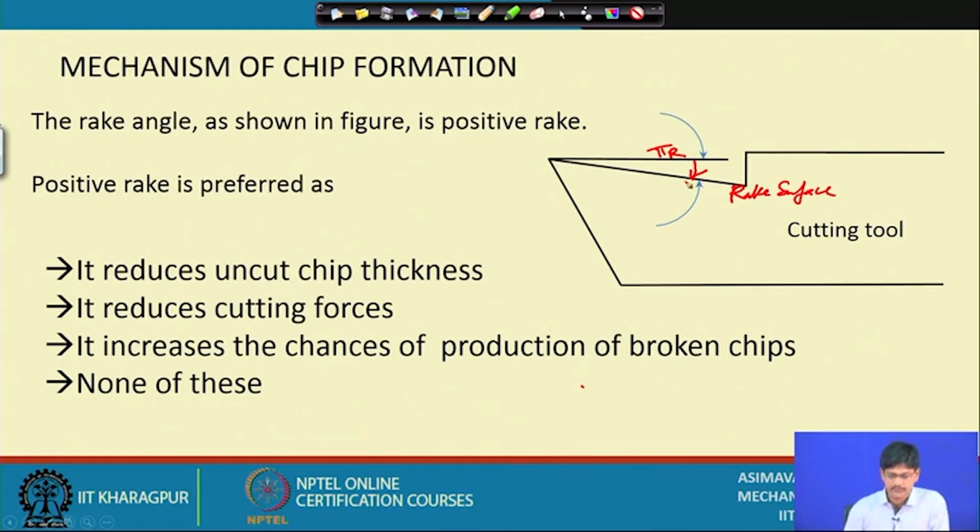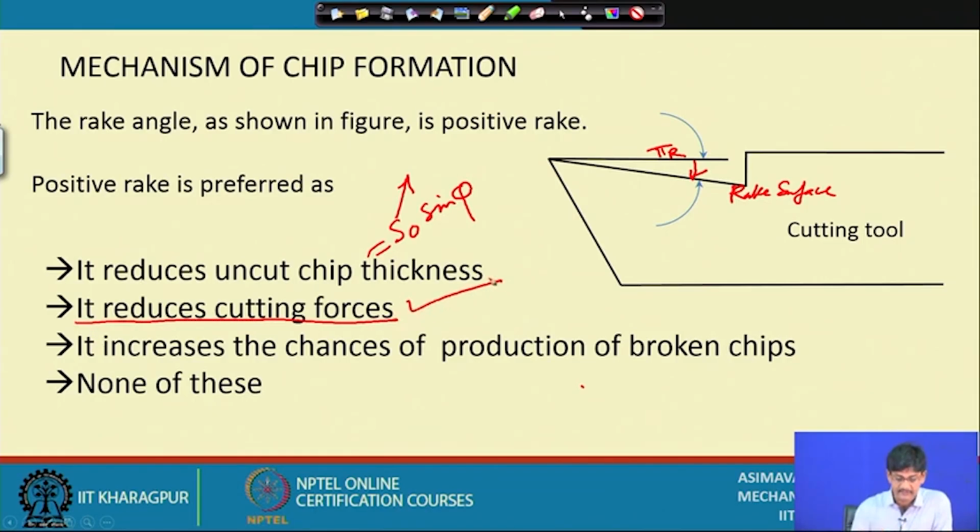So, a positive rake is preferred as it reduces uncut chip thickness. No, uncut chip thickness is equal to S0 sin phi, and it has simply no relation with rake angle. S0 is something we are setting completely independent of rake angle. It reduces cutting forces.